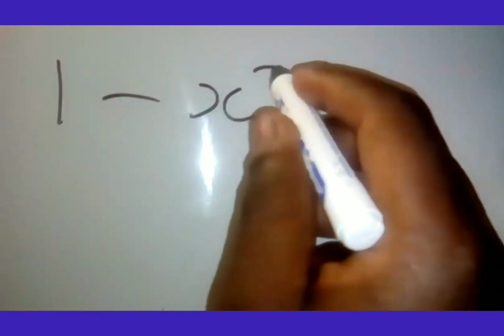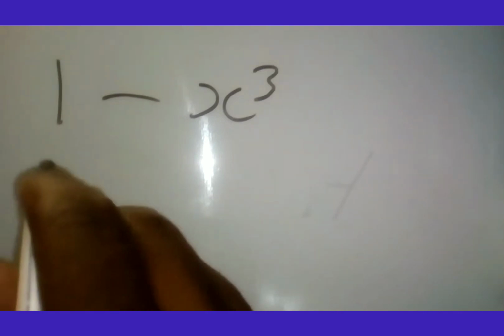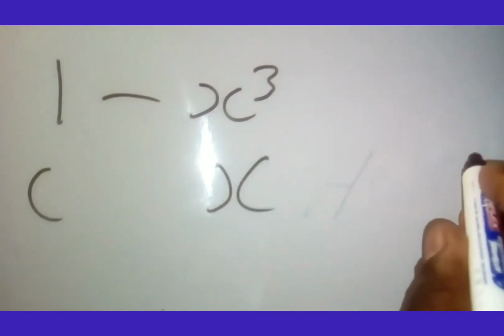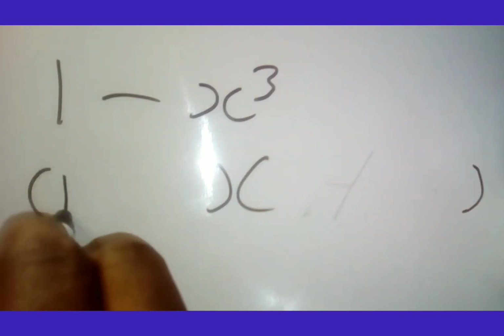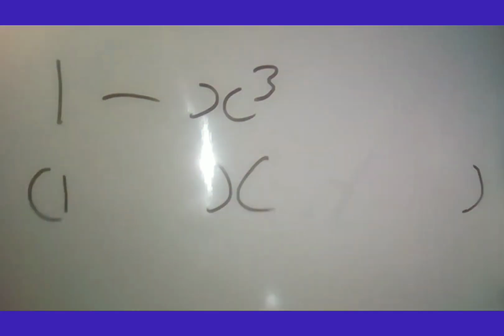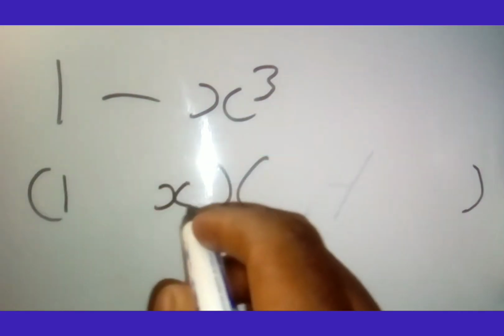Alright, here's something for you to attempt. You can pause the video, attempt it and press play. How do we do this? Well, it's quite simple. 1 is a cube, remember? So the cube root of 1 is 1. The cube root of x cubed is x.